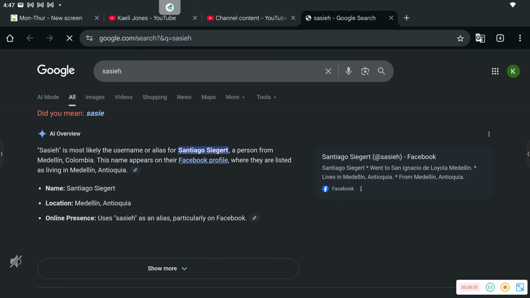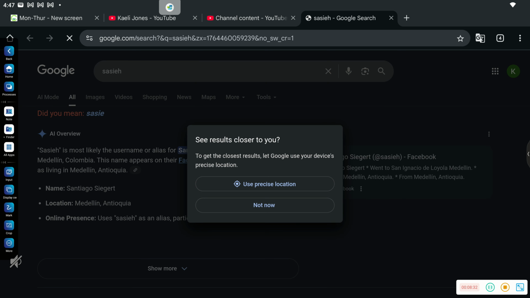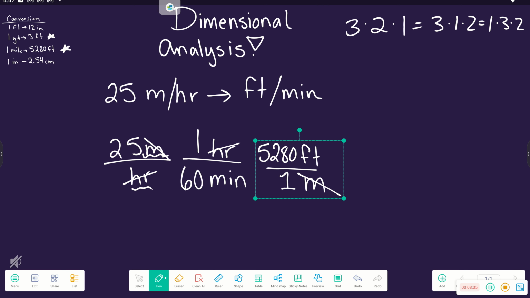Anyways, heading back to where we should be. Now I just have to finish my math. If they're on the top, they're getting multiplied. If they're on the bottom, they're dividing. So this ends up being 25 times 5,280 divided by 60, and we get 2,200.